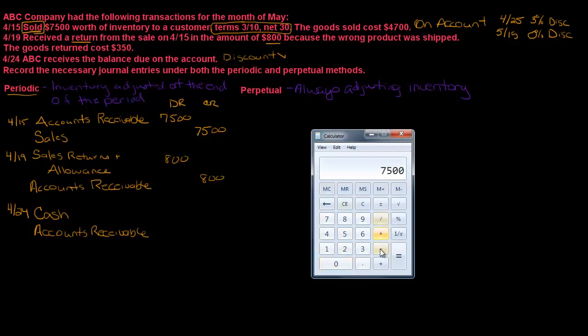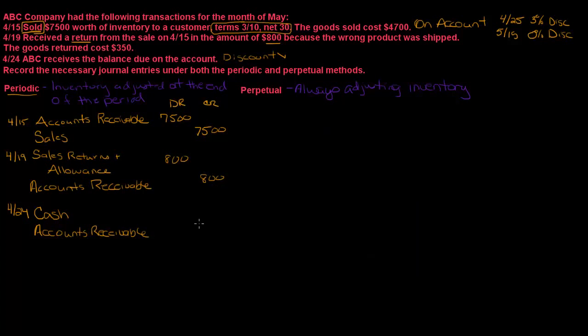Then they returned 800, so minus 800. That is 6,700. Now, is that going to be a debit or a credit in accounts receivable? We debit it when it went up, we credit when it goes down, so we're going to credit 6,700.